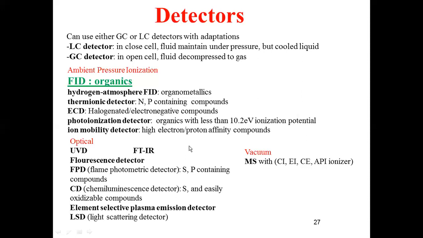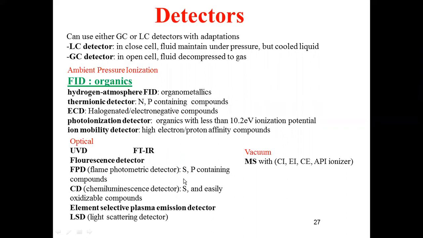Therefore this detector is going to detect high electron or proton affinity compounds, which have the ability to release more electrons, or protons, and can be easily detected by these ion mobility detectors. And even some optical detectors can also be used, such as UV absorption detectors, Fourier transform infrared detectors, and fluorescence detectors.